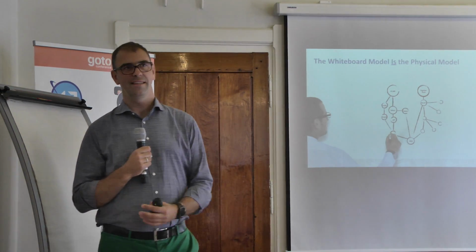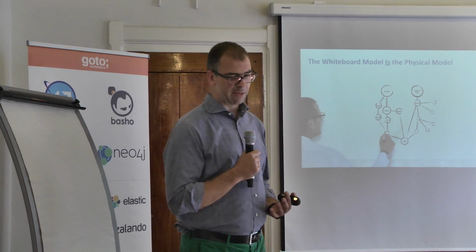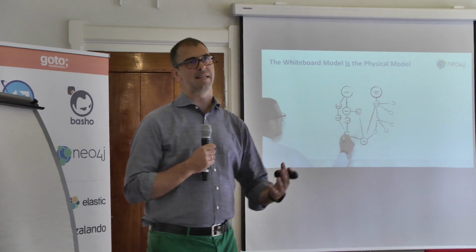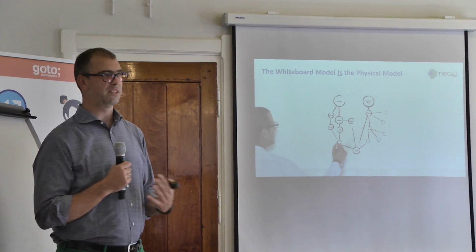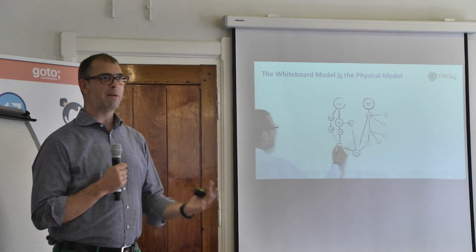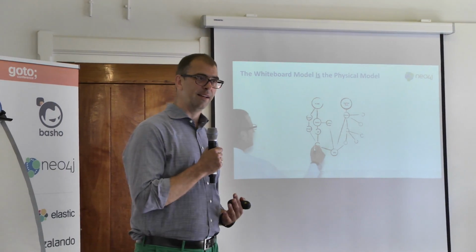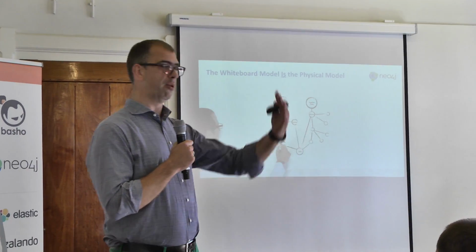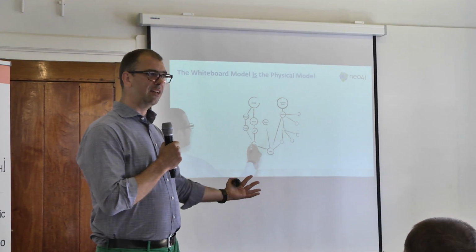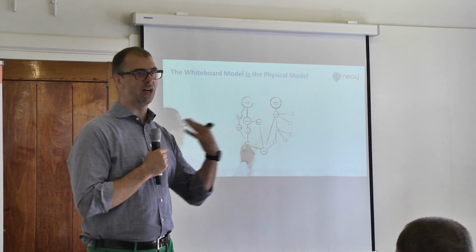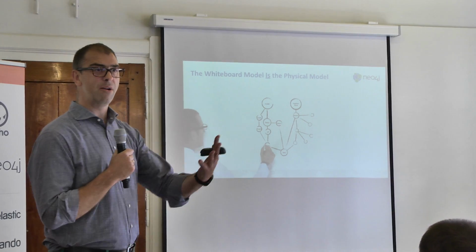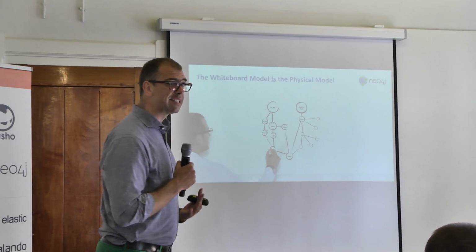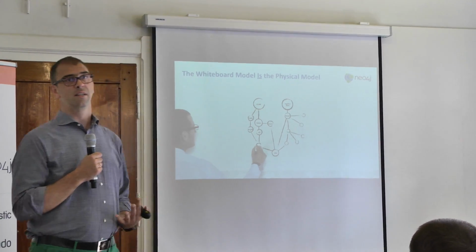One of the nicest things that I've seen in the graph database space is that you can basically draw the graph, right? So many software projects start with a drawing on a piece of paper, on a whiteboard, on a wall. You draw a model. That's how you start the conversation with your business users. That's how you start trying to understand what people really want, right?